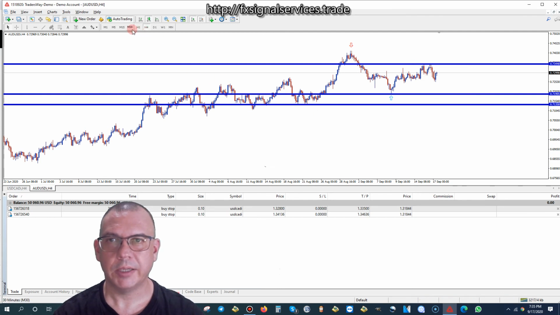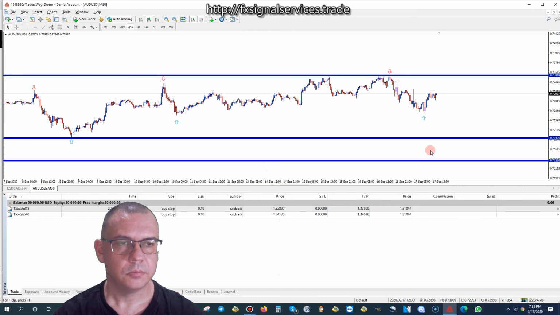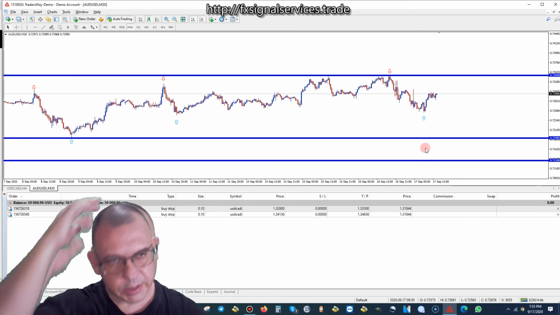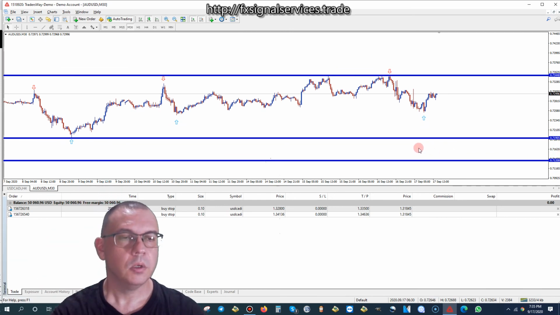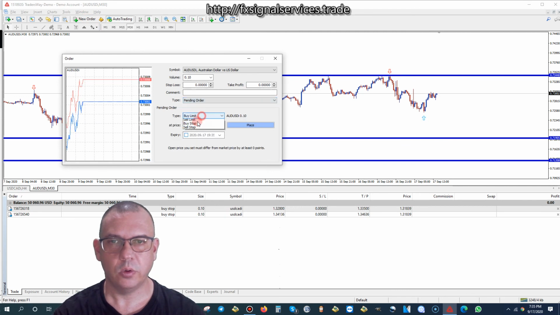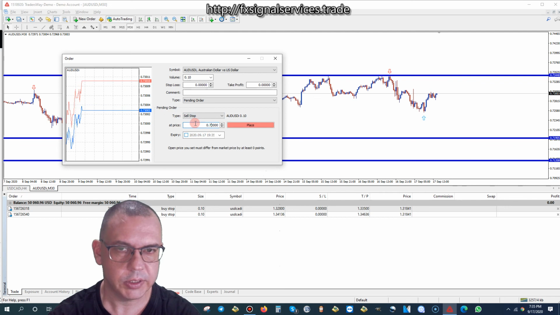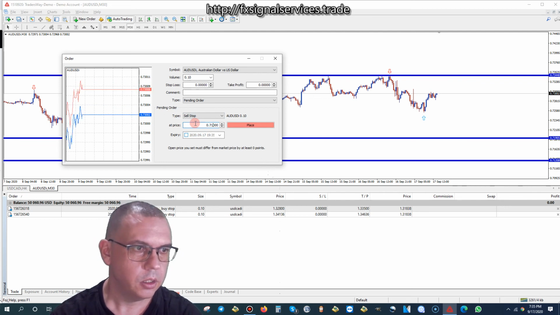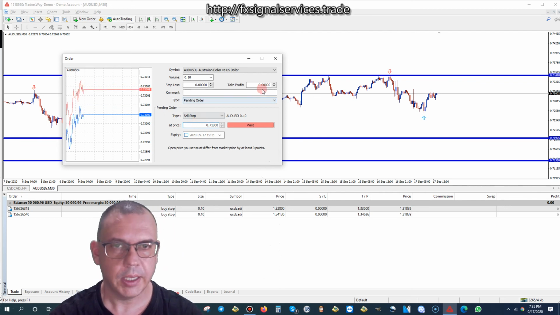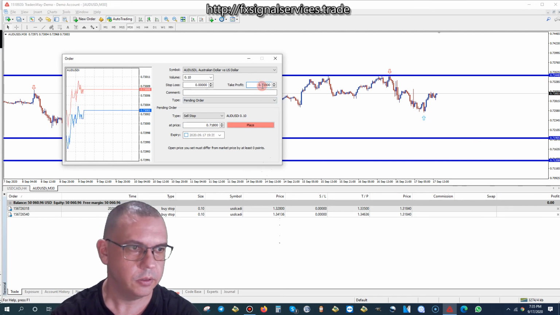If I switch back to a 30-minute chart, it doesn't really matter, but just so we can see the range of the market a little bit, what we want to do is put a sell stop pending order here with take profit there. So again, we go to new order, choose pending order, sell stop, put it at price 0.71800 and take profit at 0.71500.